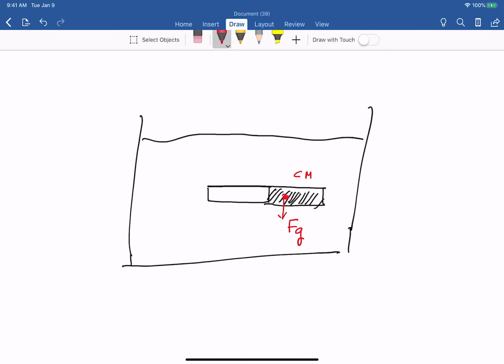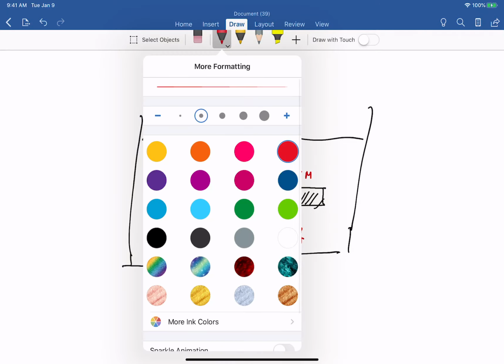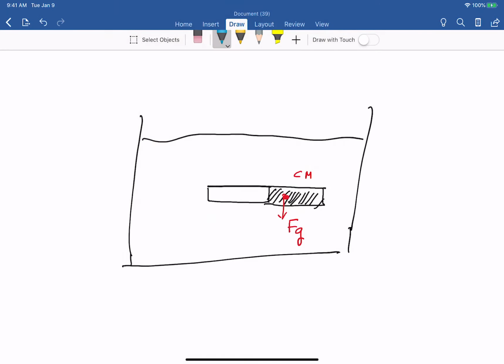So consider a rod which is entirely made up of water. Just imagine this same shape entirely filled with water. Archimedes' principle says that the buoyant force is equal to the weight of an equal volume of water.